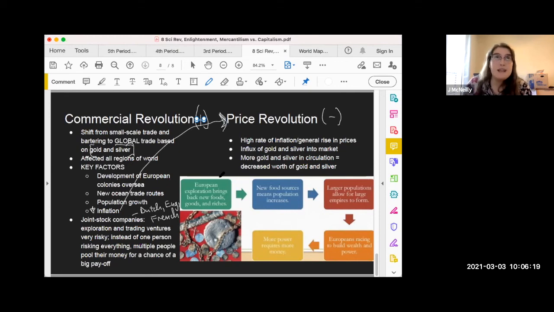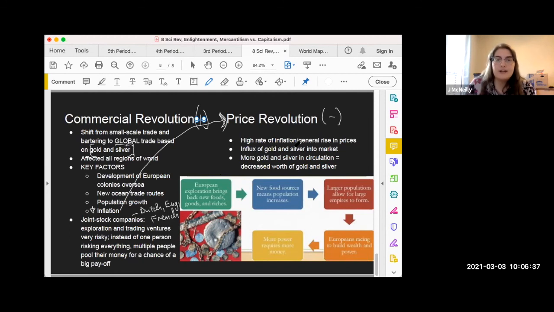According to supply and demand, if you have a high supply of something, that decreases its material value. Well, Spain and Portugal is getting flooded with gold and silver from their colonies in the New World.